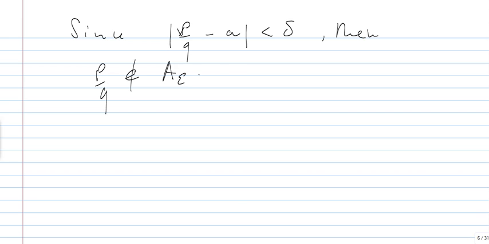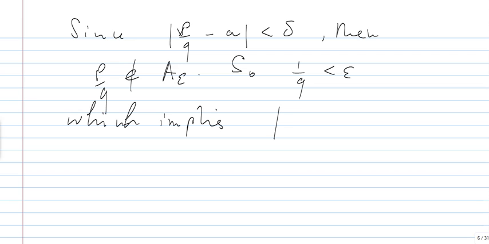Keep in mind that we can assume that p over q is not equal to a, because in the limit we don't take x equal to a. So in this case, 1 over q would be less than epsilon, which implies that |g(x) - 0| = 1 over q minus 0 is less than epsilon.